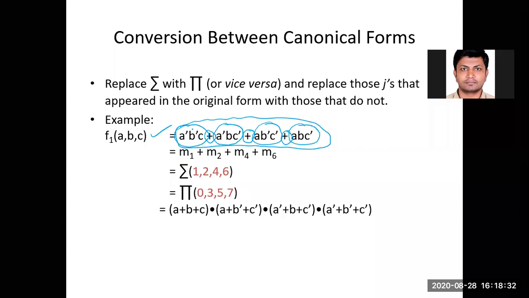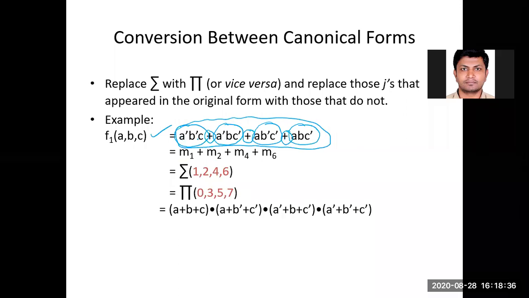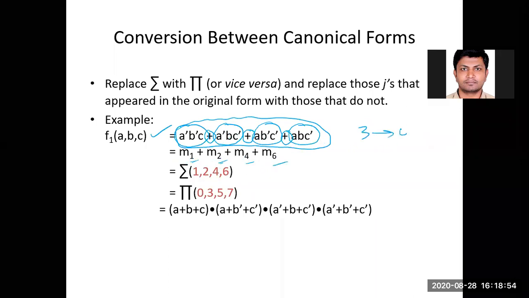Whenever you have a sum of minterms and you want to convert into a product of max terms, you need to write the minterms: this is 0 0 1, which is 1. For this one you are writing 2, for this one 1 0 0, which is 4, and this is 1 1 0, which is 6. So you are writing 1 2 4 6. Since you have three variables, there are possible combinations from 0 to 7.